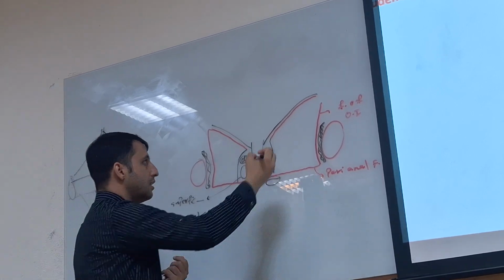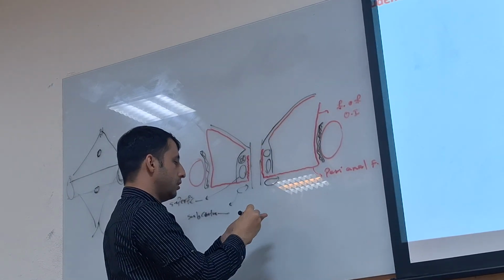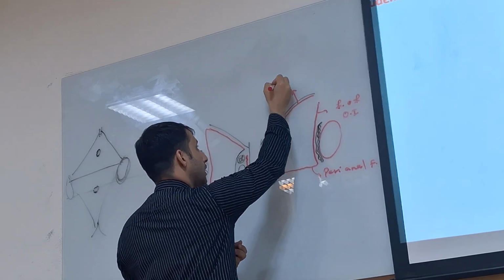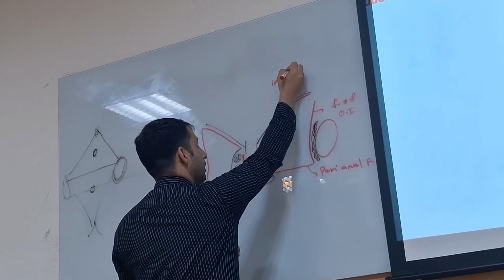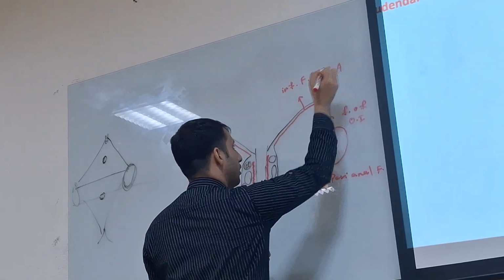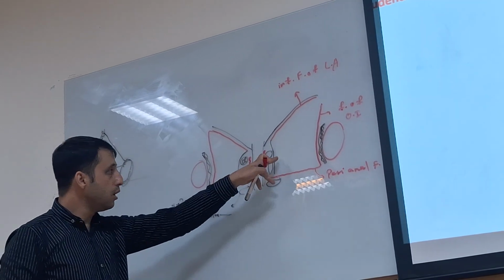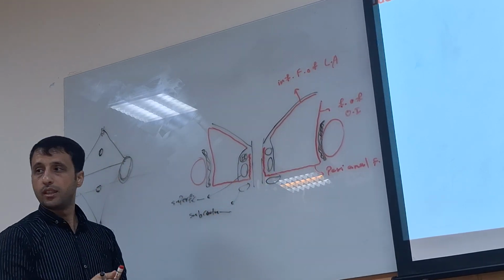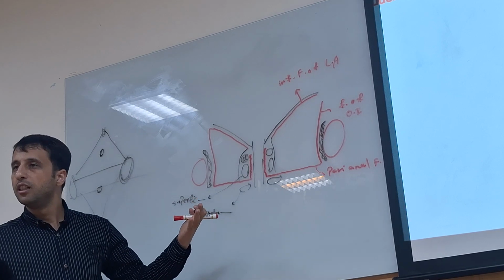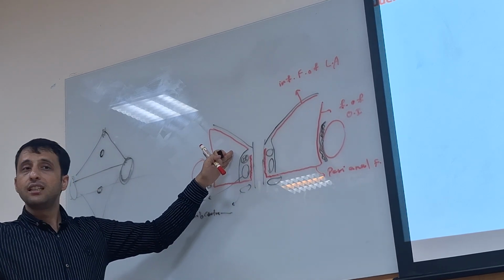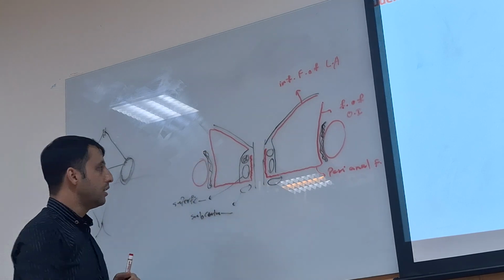Okay? What is the name of this fascia? This is inferior fascia of levator ani. What is the name of this fascia? This is anal fascia. Anal fascia is the fascia which covers the external anal sphincter.